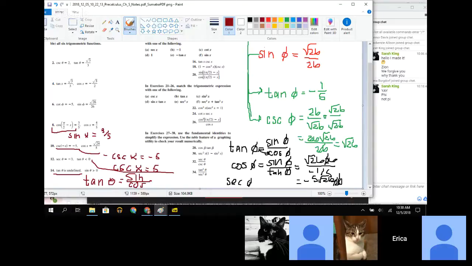So in order for the tangent of theta to be undefined, that means that the cosine of theta has to be equal to what? It means that the cosine has to be equal to 0 in order for the tangent to be undefined. So it's kind of like a little puzzle, right? You got to think through, what does that mean?